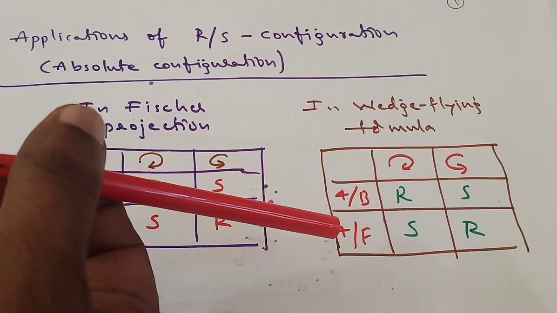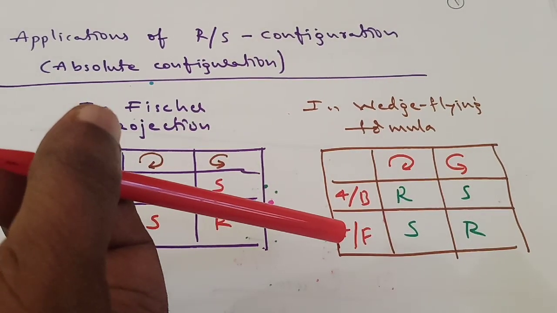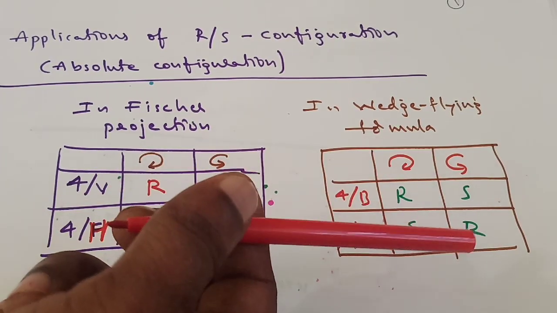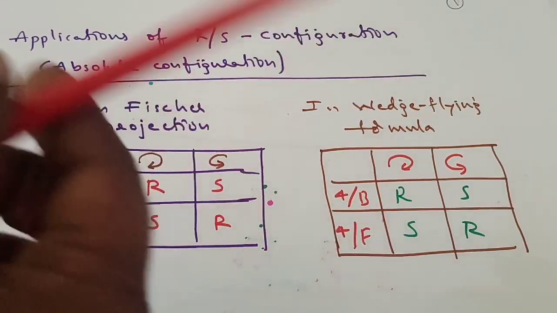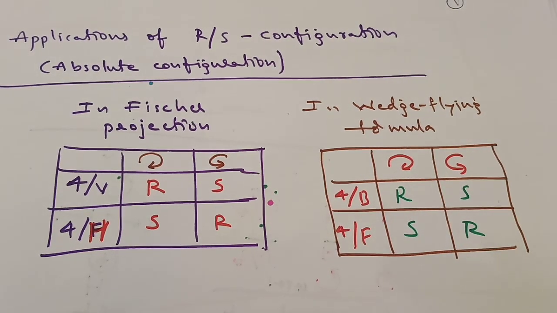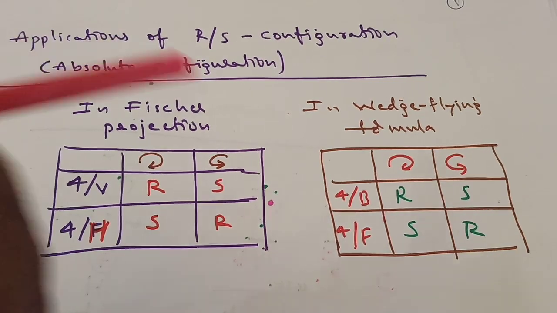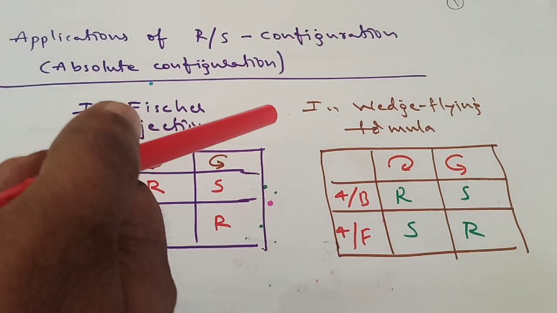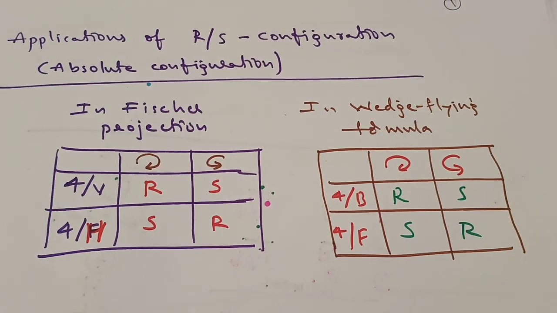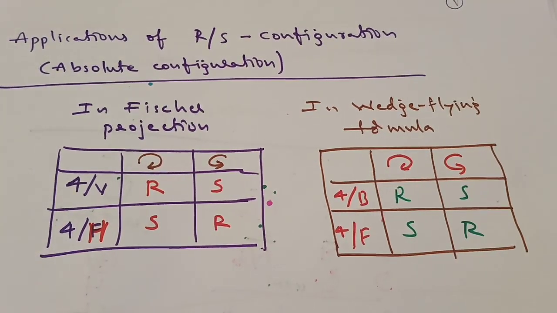Whereas if the 4th priority group is on the wedge bond, the front side bond or thick bond, clockwise rotation is S and anti-clockwise rotation is R. And in case the 4th priority group is on the normal bonds, I told you how to do the operation, that is rotation. Bring the 4th priority group onto either the front or backside bond, and based on the direction of rotation from first to second and second to third, follow this trick and you can answer it very well. So this is what we discussed in our last class.